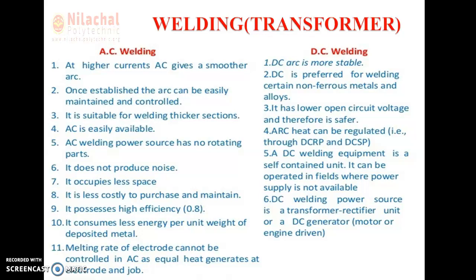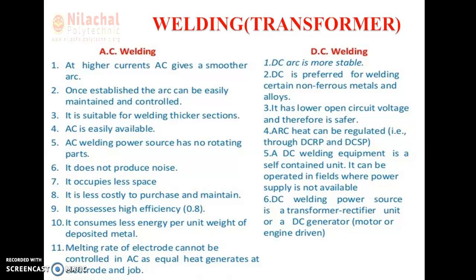Once established, the arc can be easily maintained and controlled. AC welding is suitable for welding thicker sections. AC welding is easily available. AC welding power sources have no rotating parts, do not produce noise, and occupy less space also.